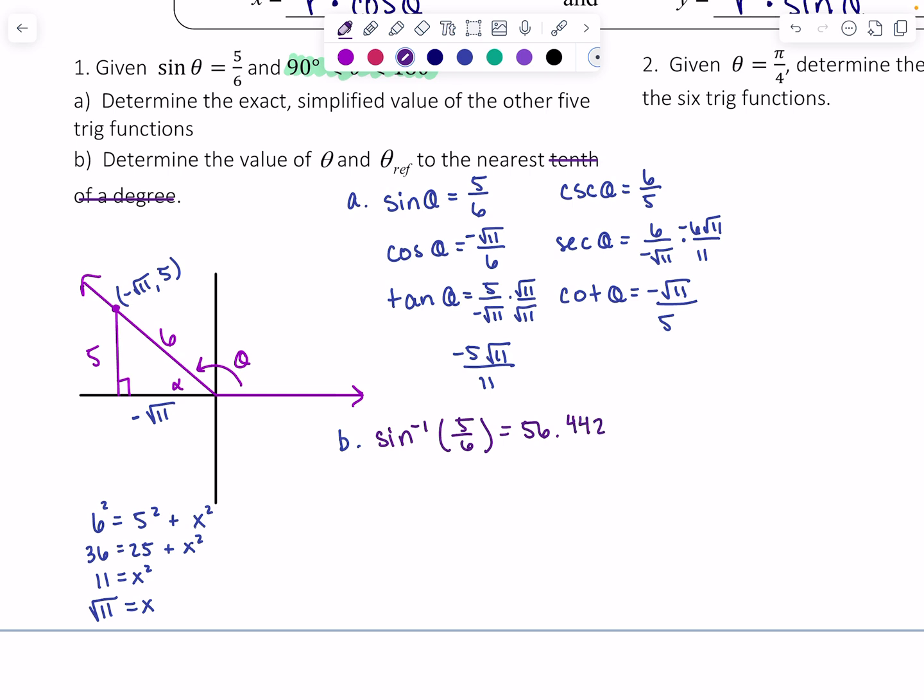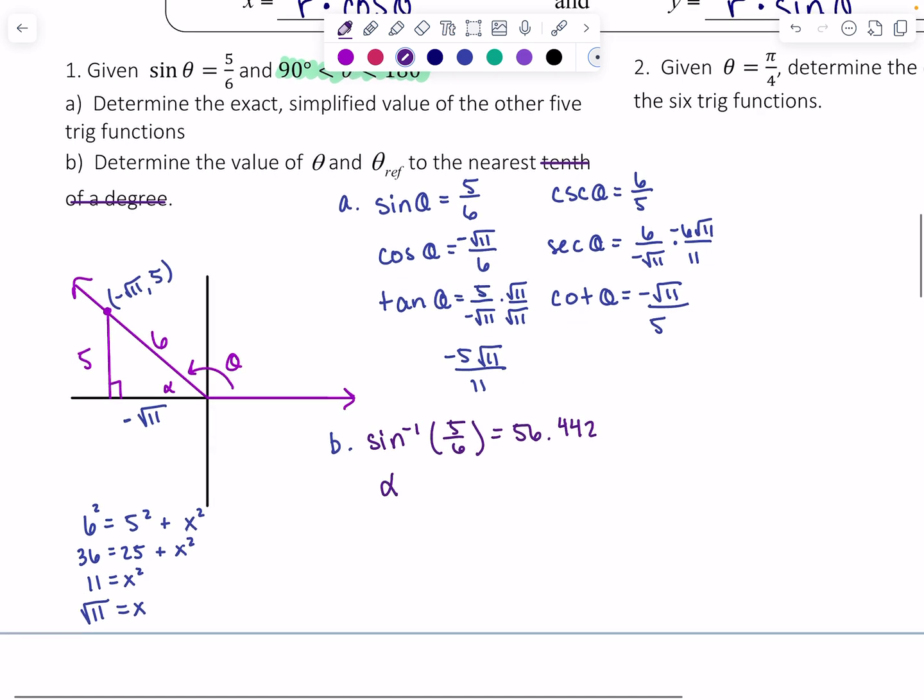So we know that that's going to be our reference angle that we're working with. So we know that our reference angle is 56.442. Now actual theta is, we're going to take 180 minus that number. So theta is equal to 123.557 degrees.